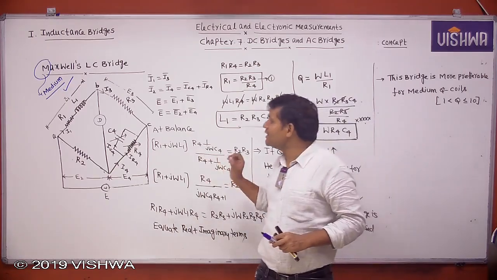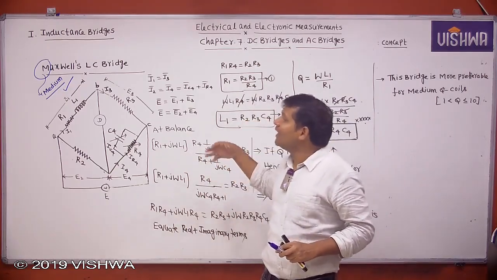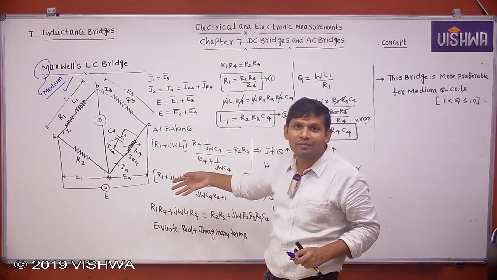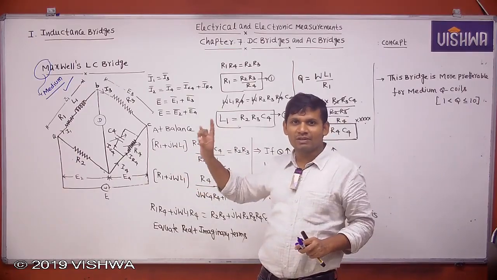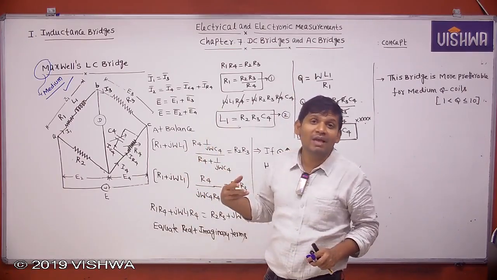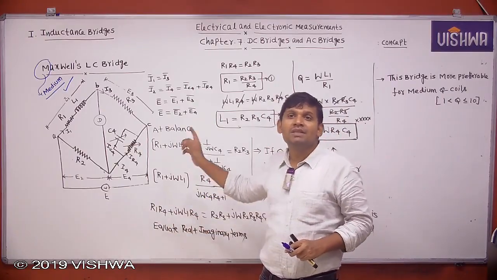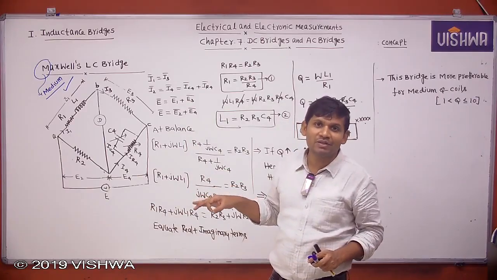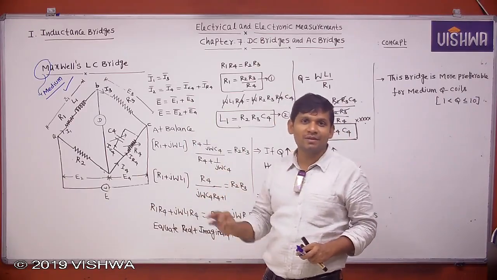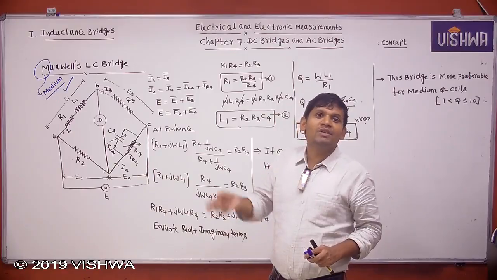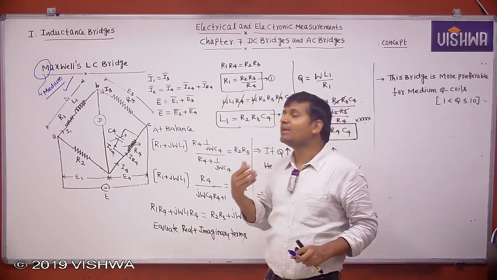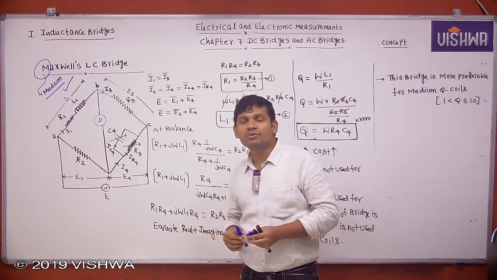Then by seeing the bridge, how to identify it is a Maxwell's LC bridge? I told already. No capacitor, Maxwell's inductance bridge. Parallel capacitor, Maxwell's LC bridge. Series capacitor, Hay's bridge. 5 ohms and 5 ohms, Anderson bridge. In an inductance bridge, if there are 2 capacitors, which bridge is it?